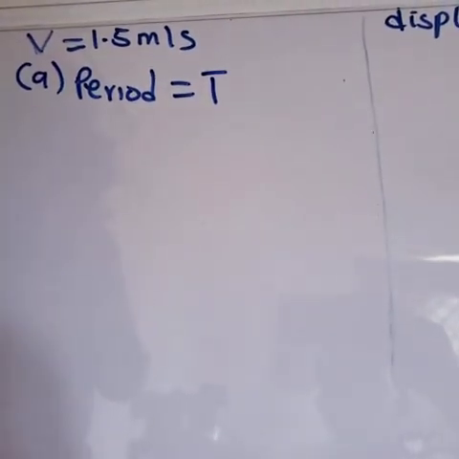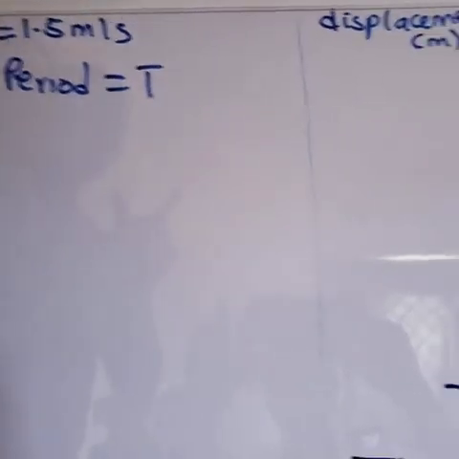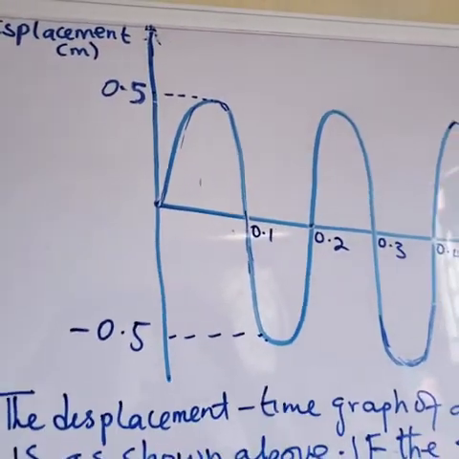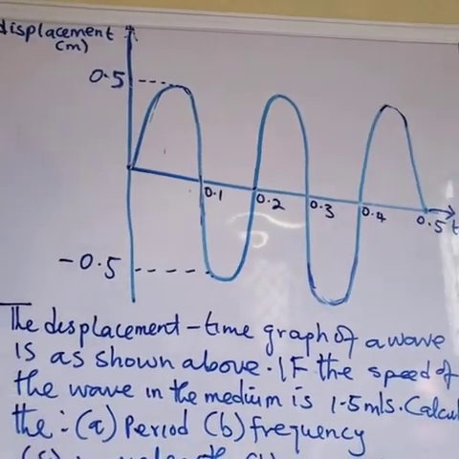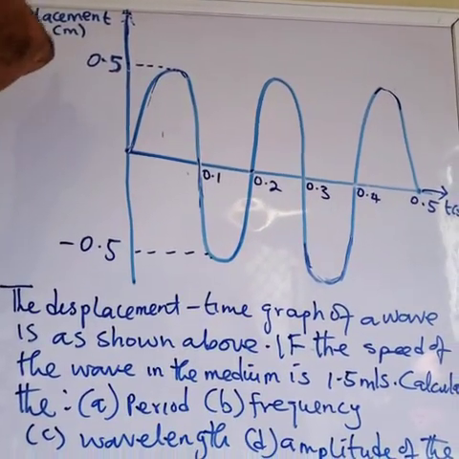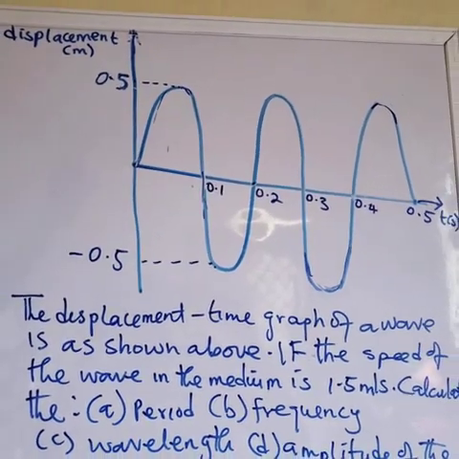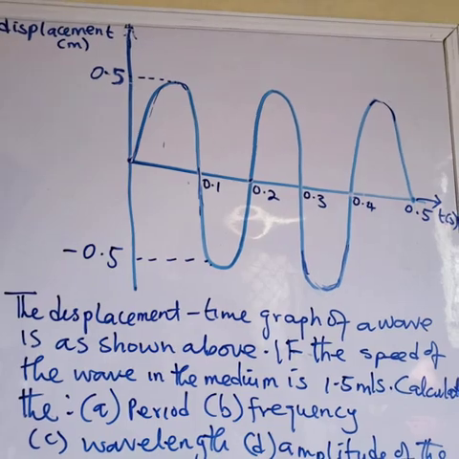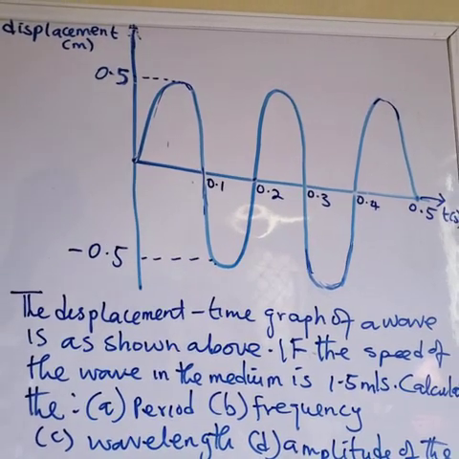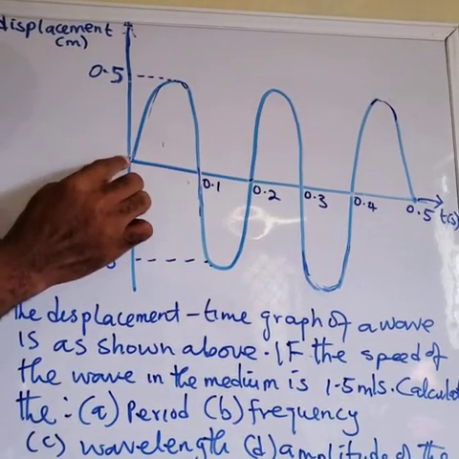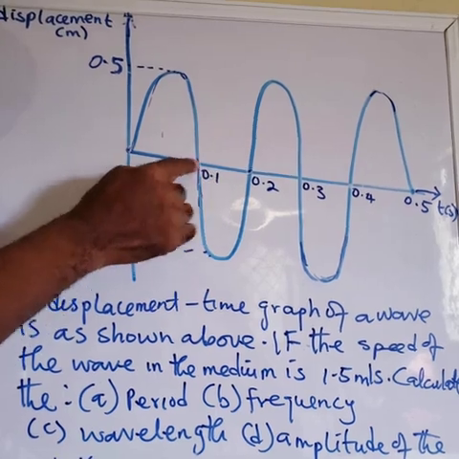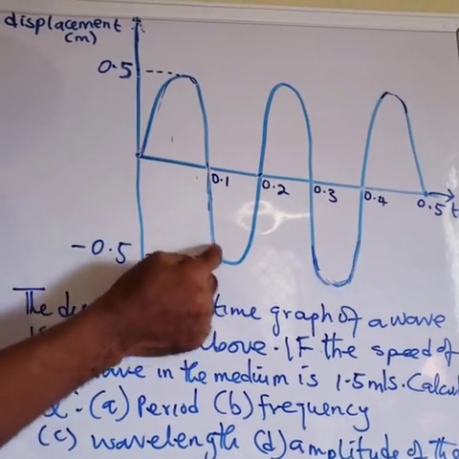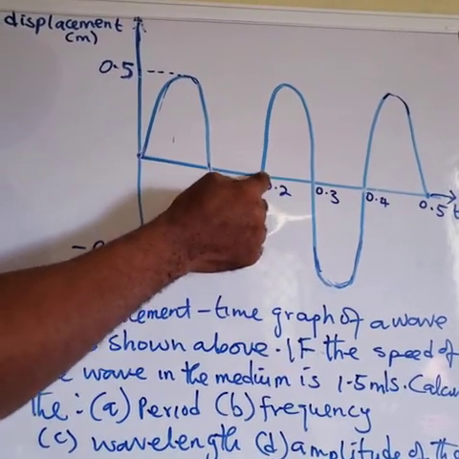There are different things you can do from here. Now let's go back to the graph. The first thing is, what is the meaning of period? Period is the time it took that wave to complete one cycle or one oscillation. Now, do you know how to trace one cycle? This is it. You start from the origin of the wave. Like this is half of the wave, like this is another half cycle of the wave.